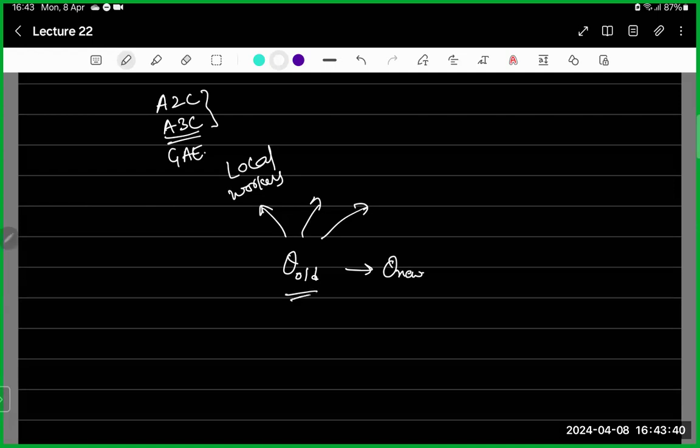Everyone will copy these theta old parameters, and they'll generate one episode each in parallel. Each local worker is like multi-threaded processing, where you give the current parameters to all three subroutines, and each of them generates one episode. And based on that, they will update.